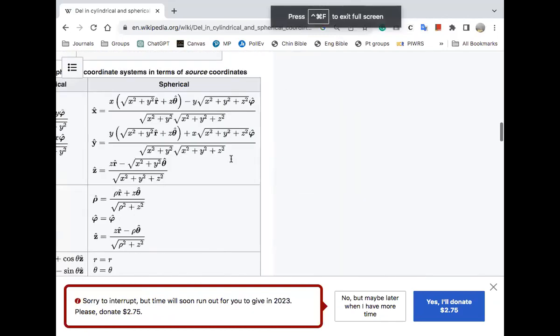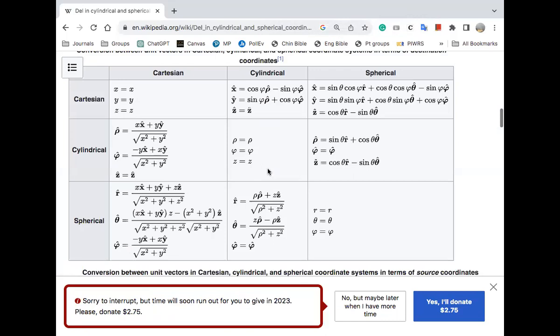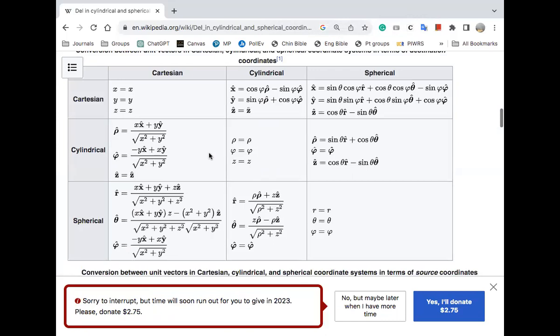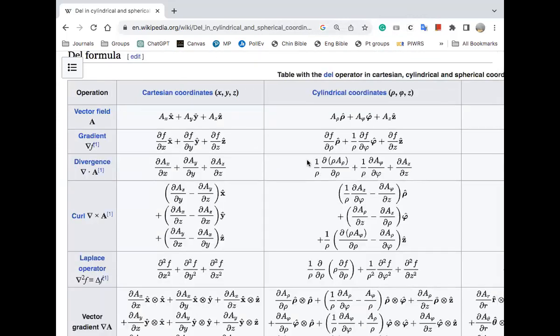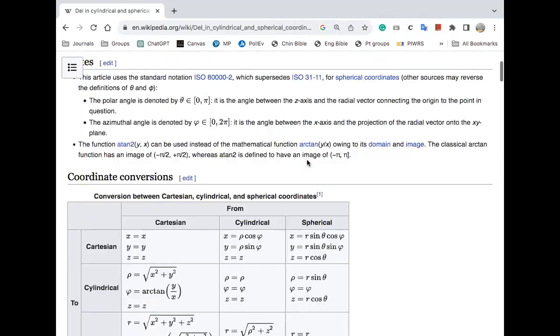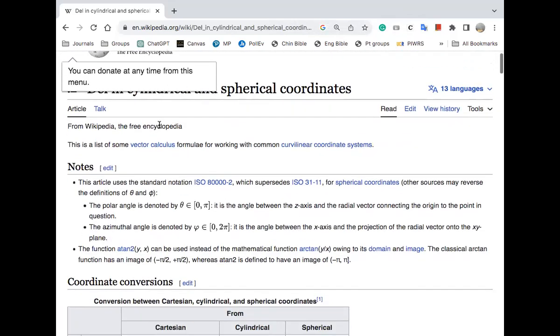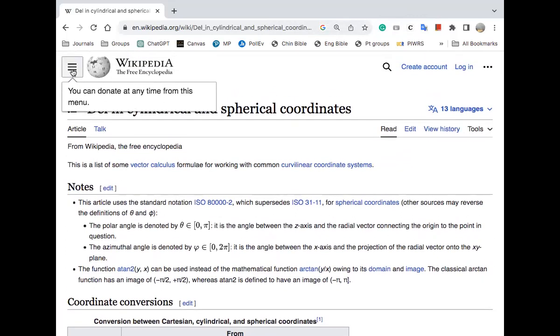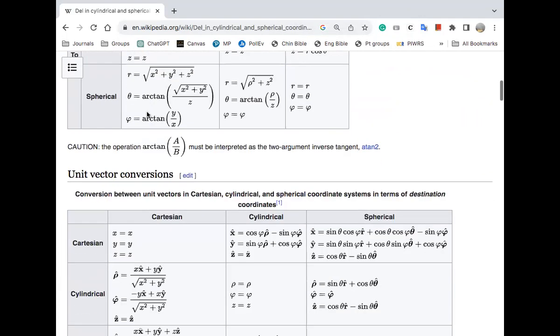Here, you go to Wikipedia. Okay, now it is working. You go to Wikipedia and, anyway, you just search curl in spherical coordinates.